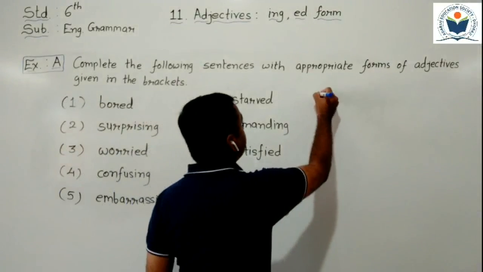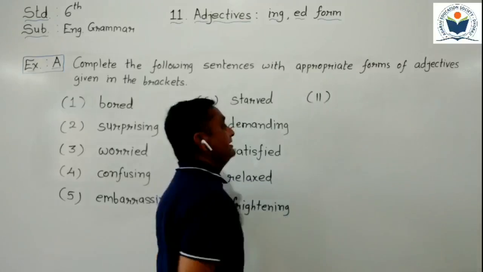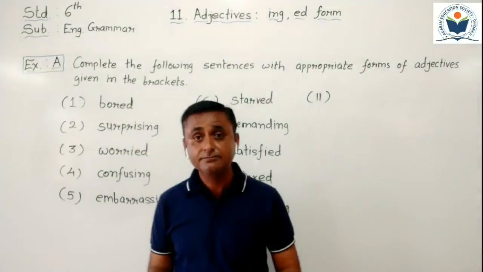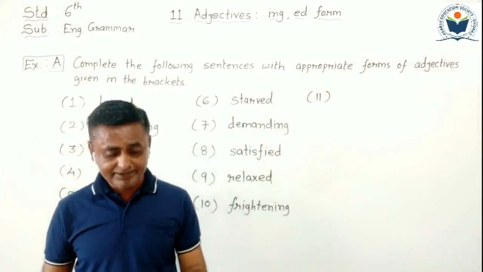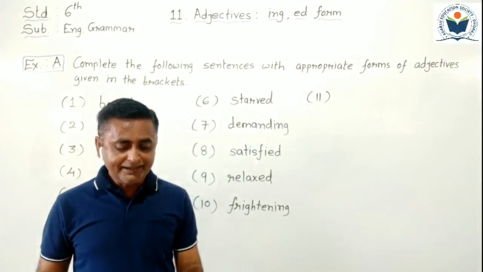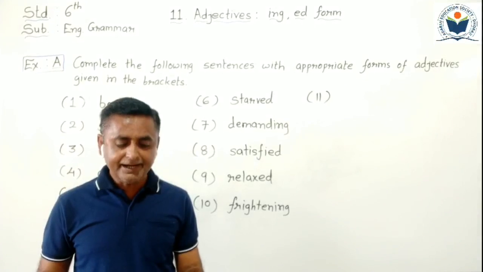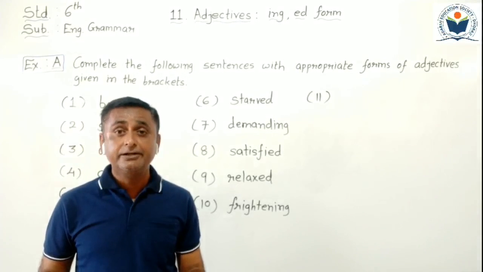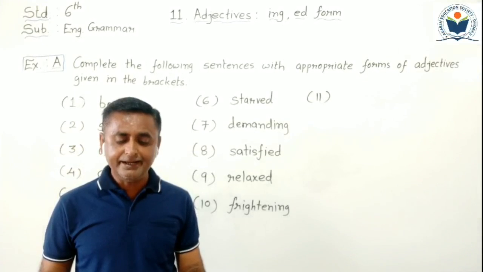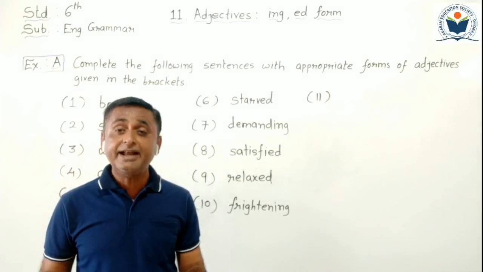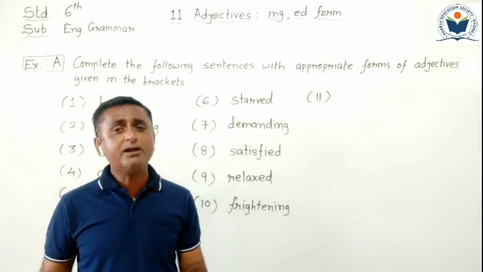Now the 11th sentence. See: due to financial problems, he had a blank night. Here in brackets the word trouble is given.